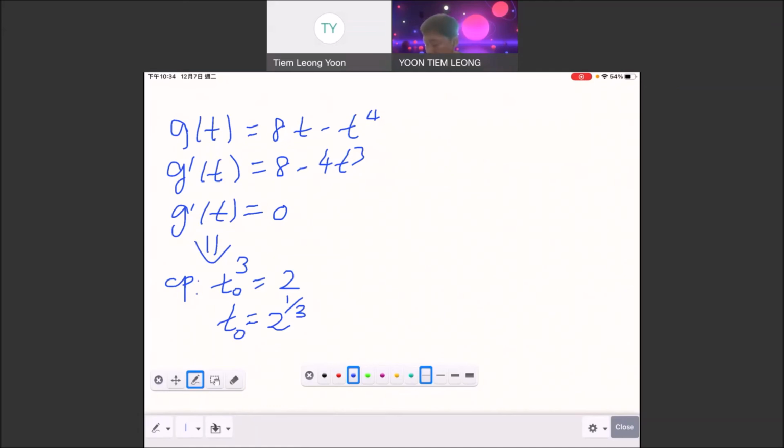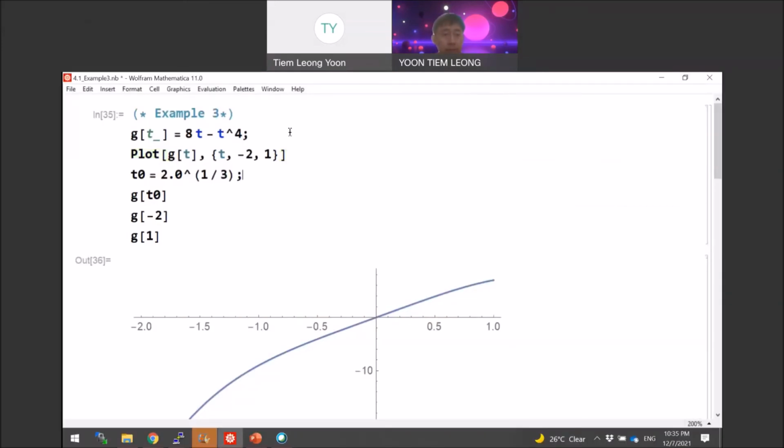So at this point, you can try to calculate the value of g at t0. The value of this turns out to be quite a complicated number, so in order to calculate that, I would like to use Mathematica. Mathematica gives me these functions.